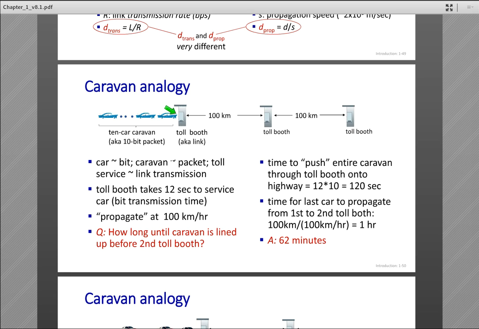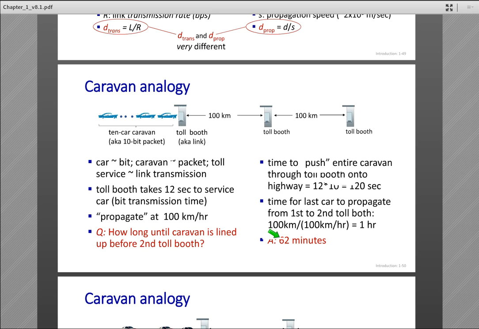We have 10 cars, so we need 120 seconds, extra 120 seconds to service the whole caravan, all of those 10 cars, to pass the first gateway.